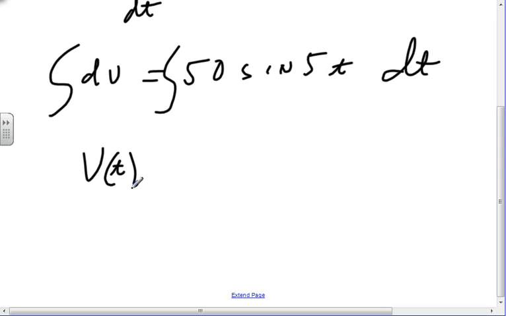Velocity at time t is 250 cosine 5t plus the initial condition, which is minus 10.